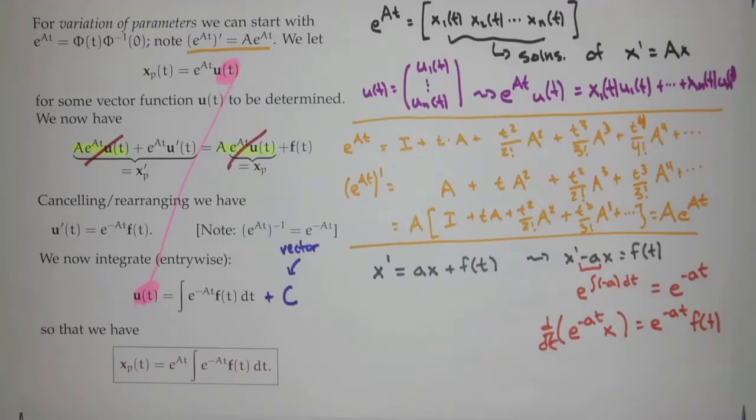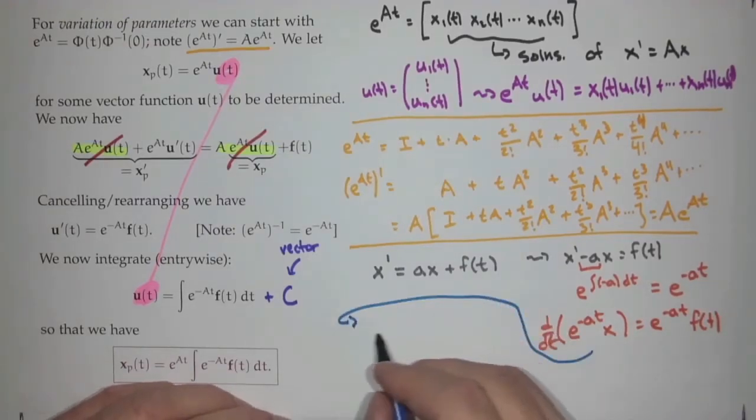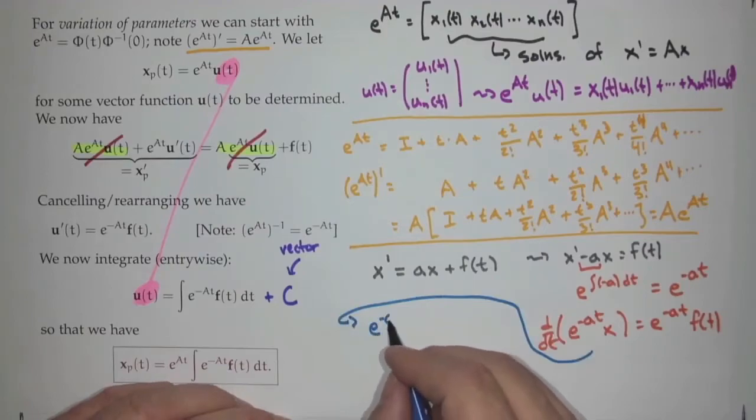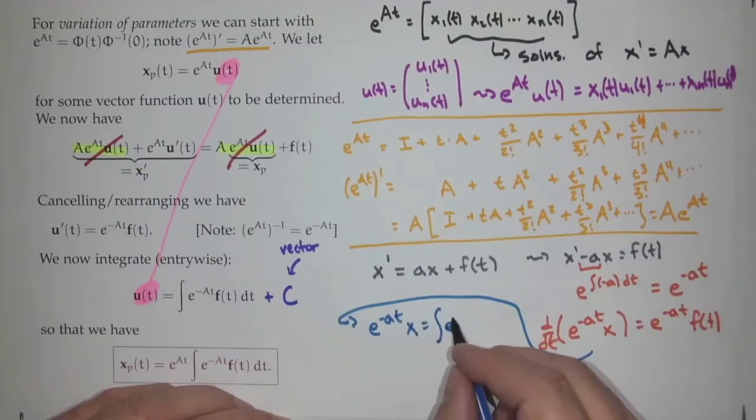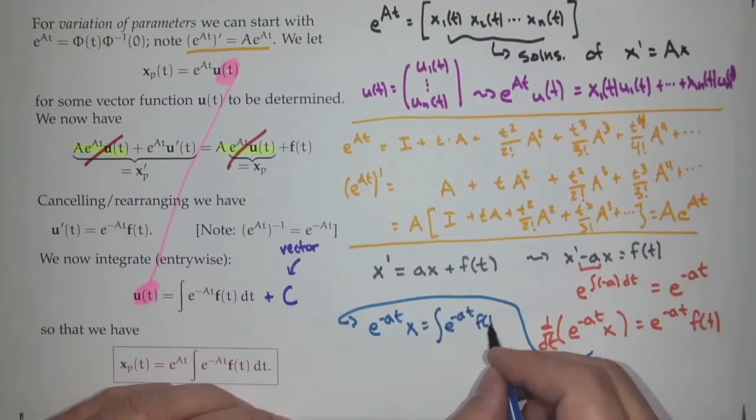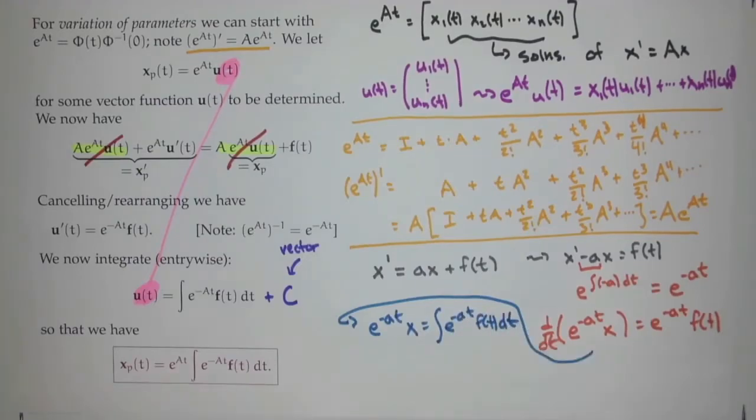Now, our goal is to solve for x. What comes next? Integrate both sides. All right, so we'll now integrate both sides, and we'd have e to the minus At times x is the integral of e to the minus At f of t dt.